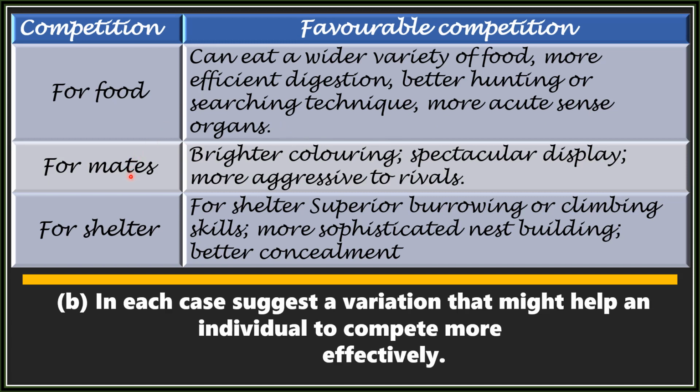If it is for a mate, the individual to compete effectively should have bright colors, a spectacular display, and might be more aggressive to rivals. When it comes to competition for shelter, superior burrowing or climbing skills should mean more sophisticated nest building or better concealment.